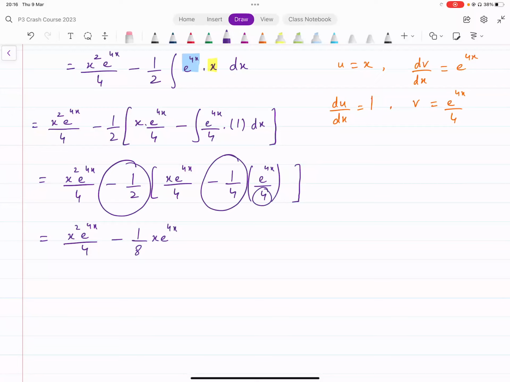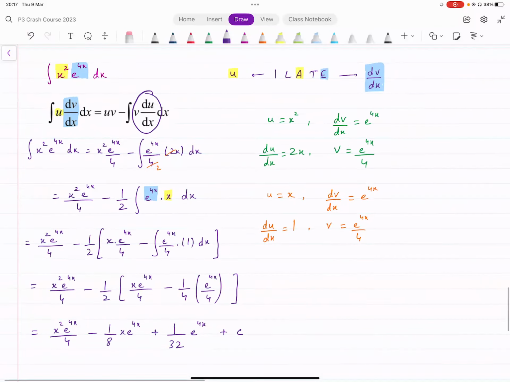What is that going to give you? Plus 1 over 8 and 4. It's going to be plus 1 over 32 into e raised to power 4x. Then you have a plus c with that, and that completes your integration.